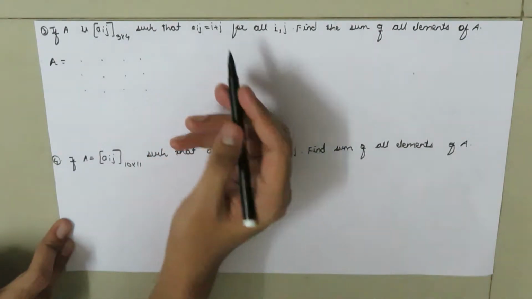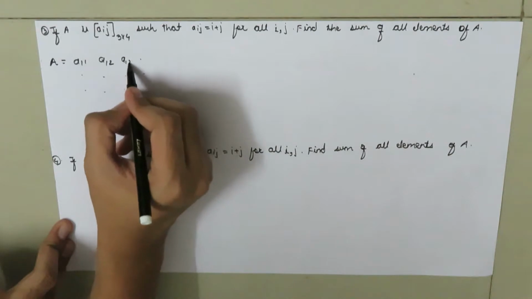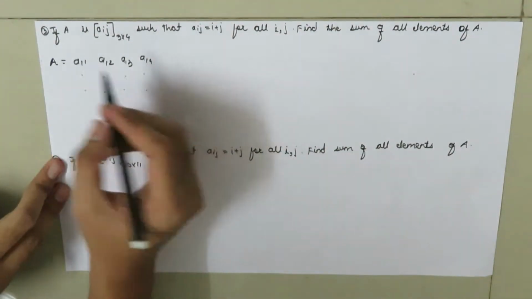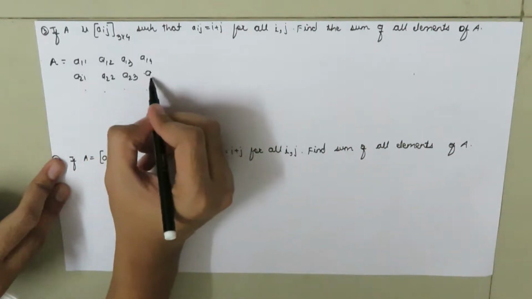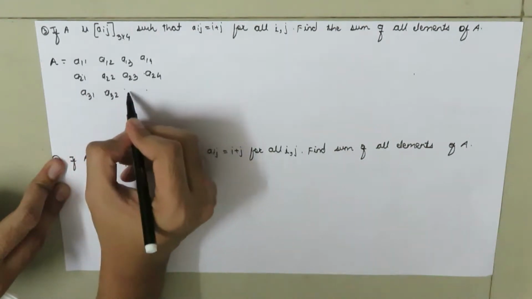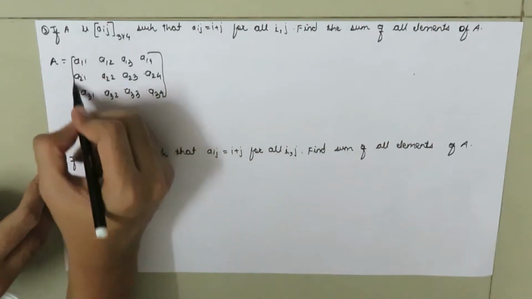and Aij is equal to i plus j, so this is the first row first element, first row second element, first row third element, first row fourth element, and this is second row first element, second row second element, second row third element, second row fourth element. This is third row first element, third row second element, third row third element, and third row fourth element.